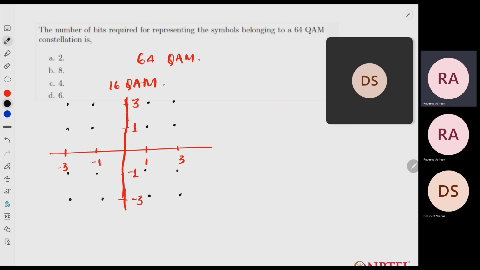Now we encode these symbols. If we are getting 4 symbols in each quadrant, the total number of symbols is 16. And then how many bits would we require to encode?